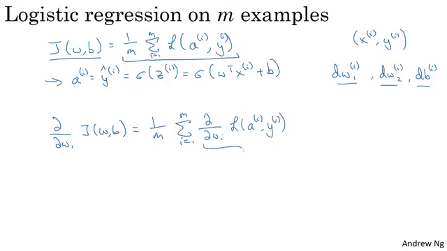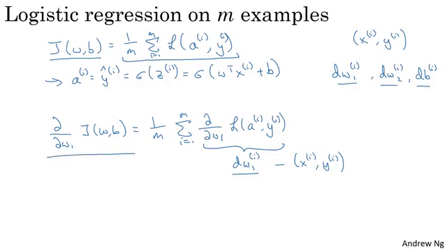But previously, we had already shown how to compute this term as dw1^(i), on a single training example. So what you need to do is compute these derivatives as we showed on the previous training example and average them. This will give you the overall gradient that you can use to implement gradient descent.